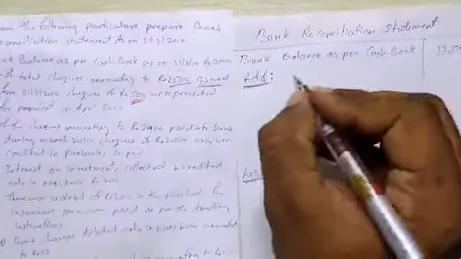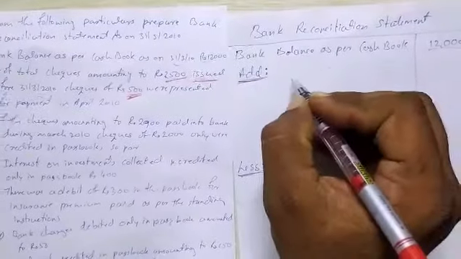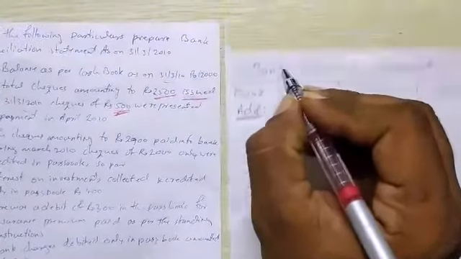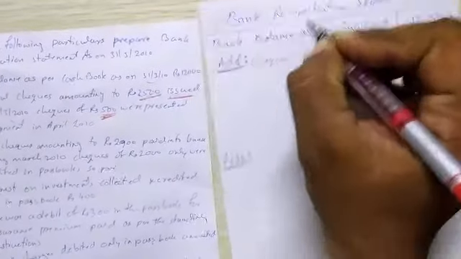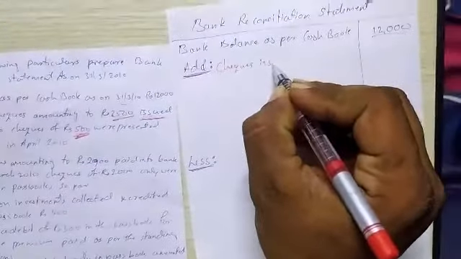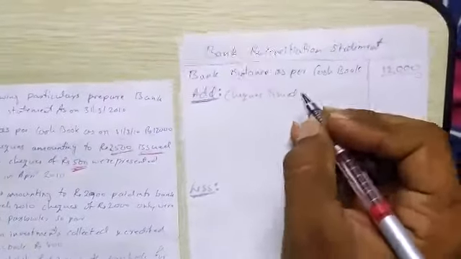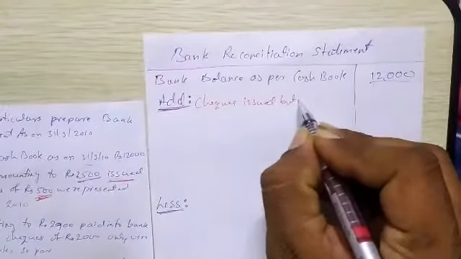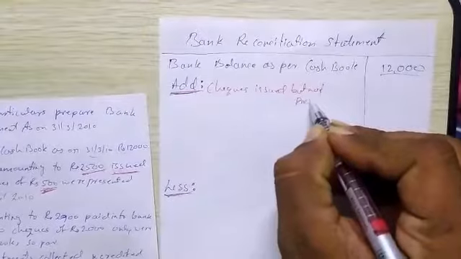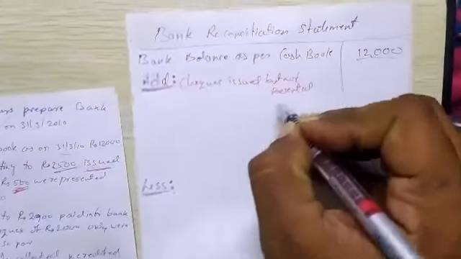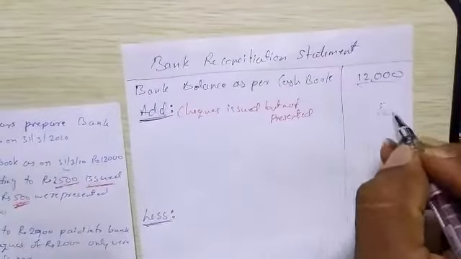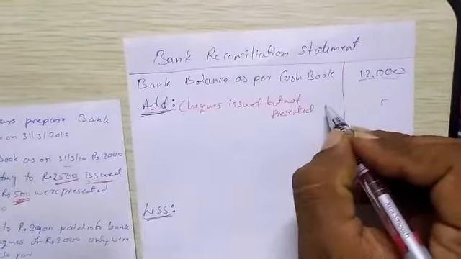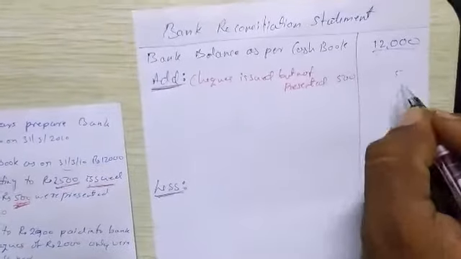So right here, write: checks issued but not presented, amount rupees 500. Write that in the inner column here, 500.